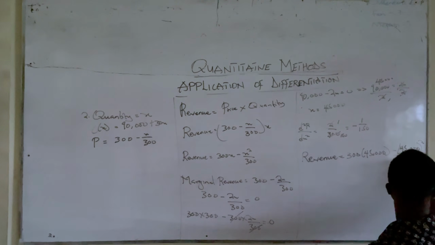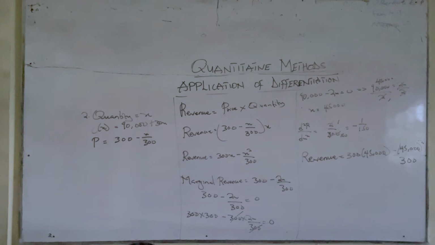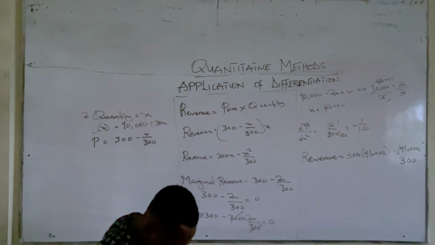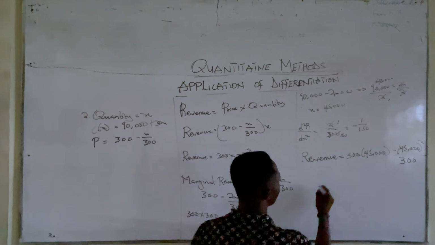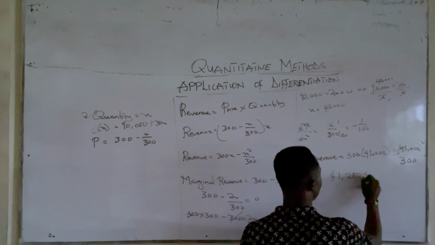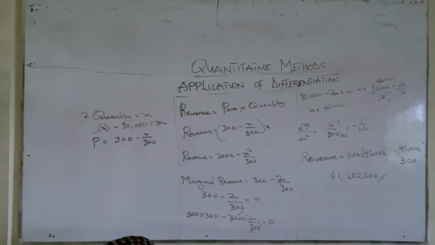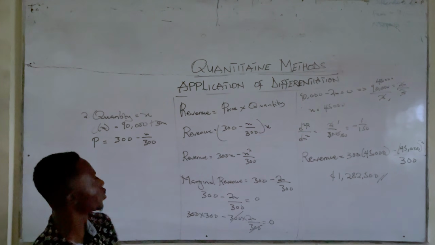Yes. Okay. So when you solve it, you get the maximum revenue to be 1,282,500. So this is what you are going to get for the revenue.